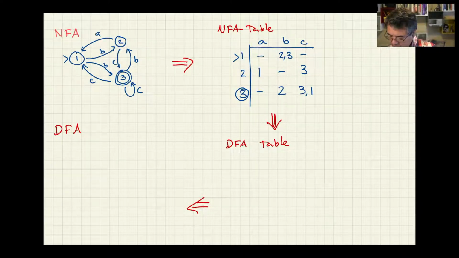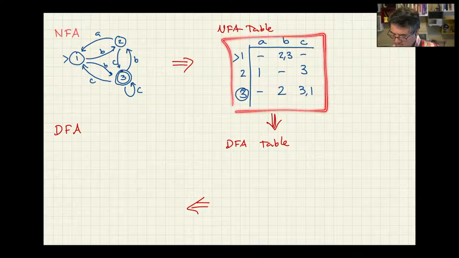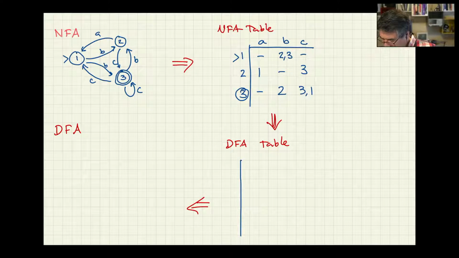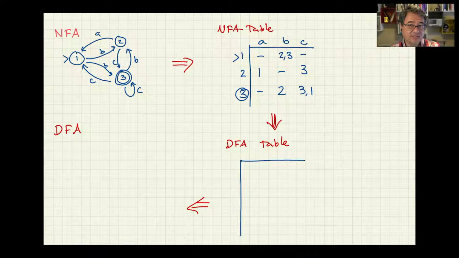So let's pretend for a moment that we can't see this NFA. All we can see is the table. Let's try to turn that into another table that is just a DFA. If you remember, as we were turning this NFA into a DFA, we started in the starting state, and then we checked to see what transitions are available to us and where those led.